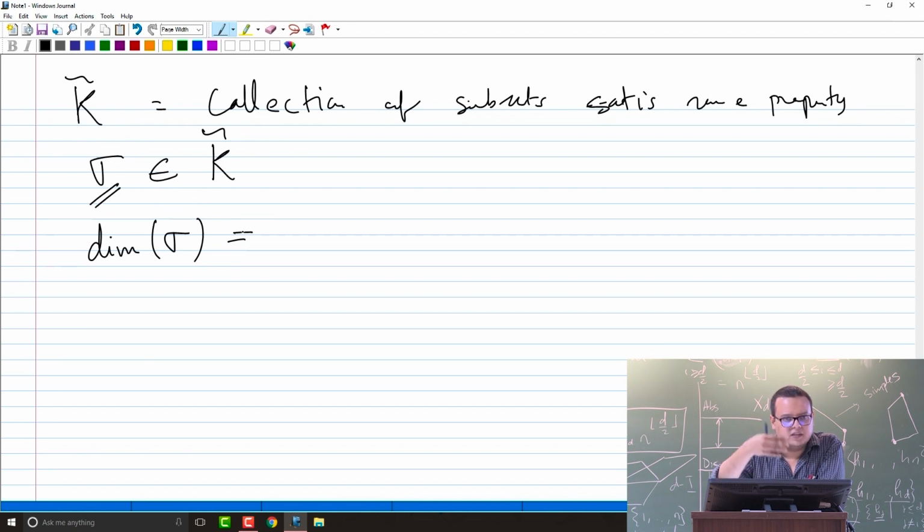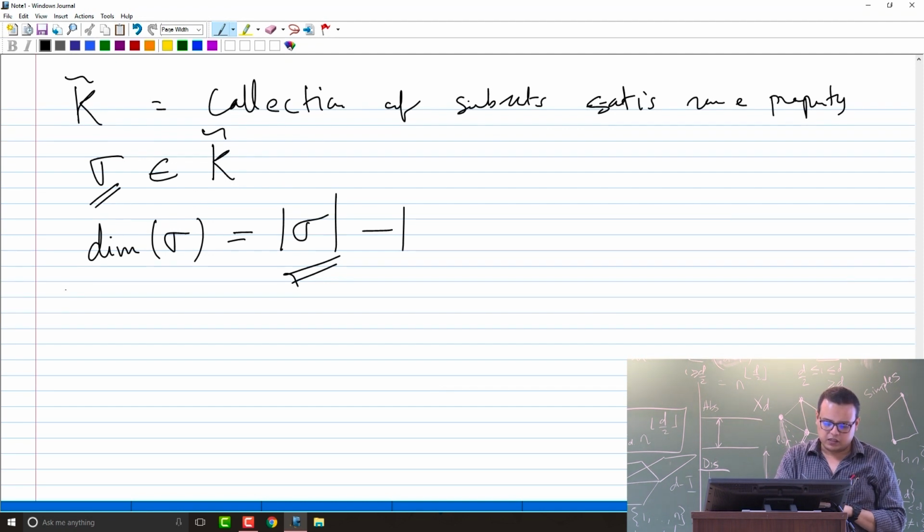What will be its faces, what is the geometric object it represents, it will be the convex hull of the vertices. So, knowing the vertices is good enough. And how did we define the dimension? We said the number of vertices minus 1. Here you will say size of sigma minus 1 will be the dimension. This denotes the size of the set minus 1. It's okay.